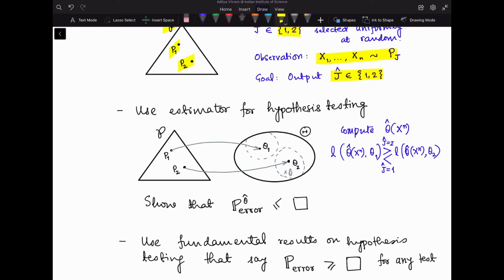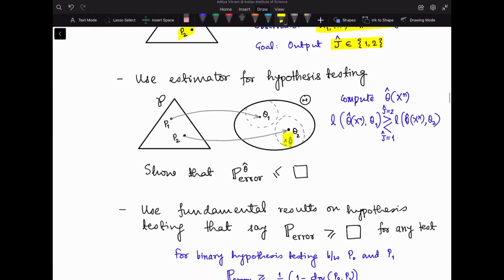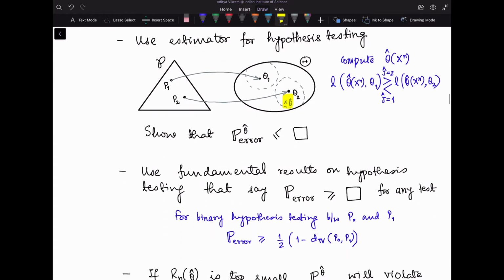Okay, in the figure we see that suppose J is 2, so we are observing samples from P2. Suppose our estimator is this theta hat and it's close to theta 2, so we will output theta 2.